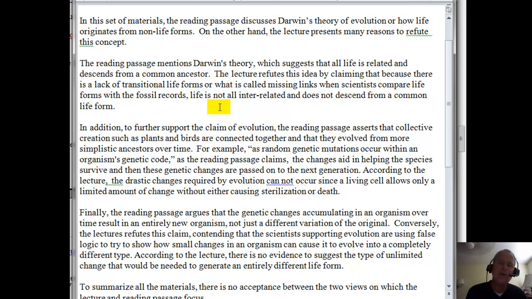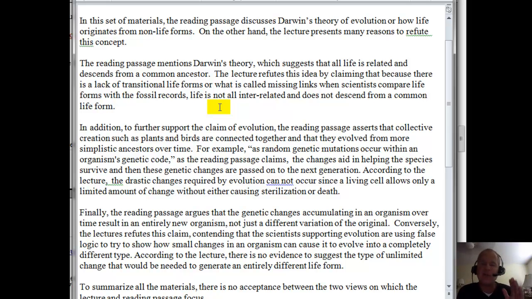But what you didn't do very well is you take this point from the reading passage, but you weren't presenting the counterpoint from the lecture that connected to that idea that you were using in that paragraph. So that's really what you need to do a little bit better on, especially given the fact that 9 times out of 10, even most people say 100% of the time, the information in the lecture will disagree with the information in the reading passage.